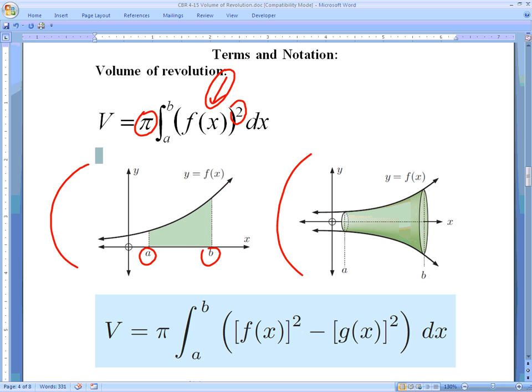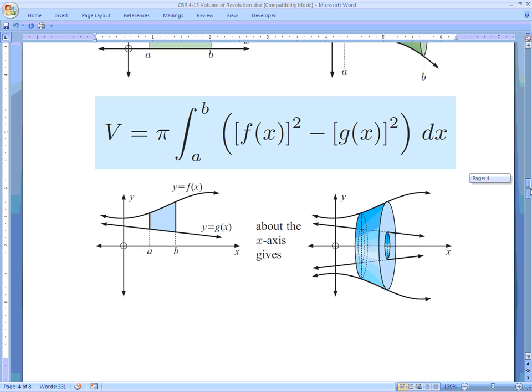But that's where we start off. Now we can also utilize this idea of having two functions, or an area between two curves, and rotate those as well. We do the same thing that we did before, but we square each of the functions individually. You don't have to square the outside and utilize some sort of FOIL or anything like that.